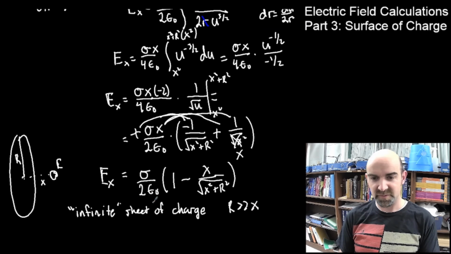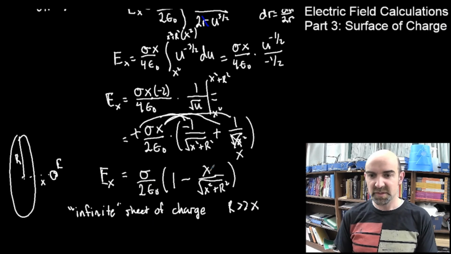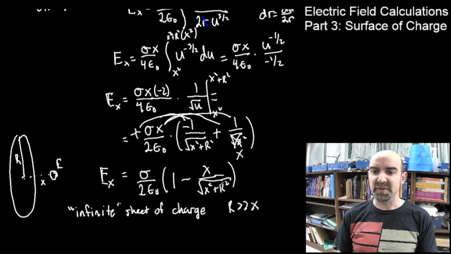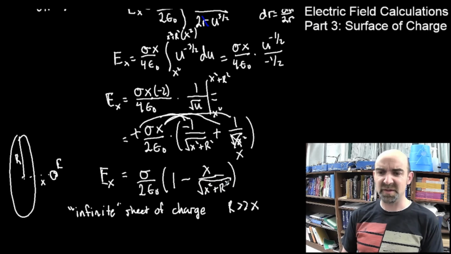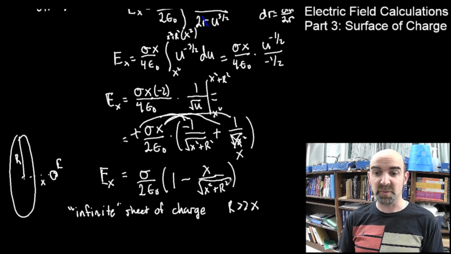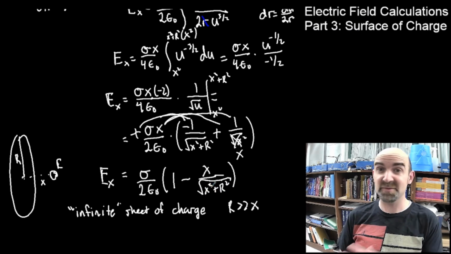If R is much greater than x, what's going to happen here? Well, looking at our expression, we'll have a relatively small number up top. And down below, if R is much greater than x, then in this square root term down here, the R is going to overpower the x. So think if R is 100 and x is 1, 100 squared is 10,000. When we add 1 squared to that, we get 10,001.